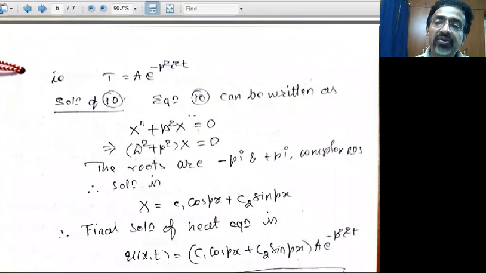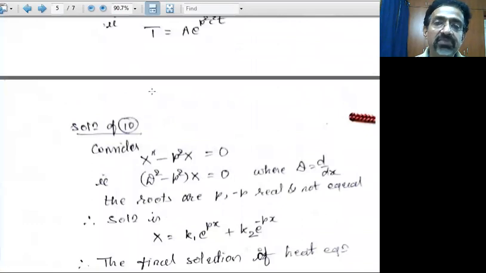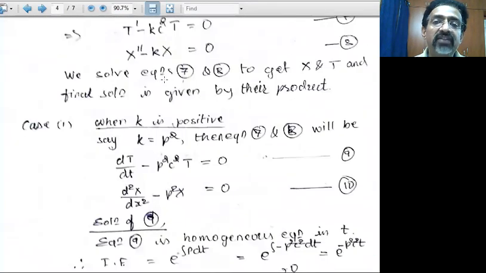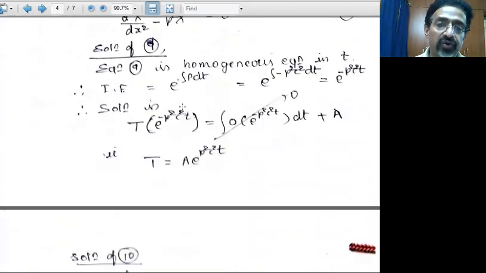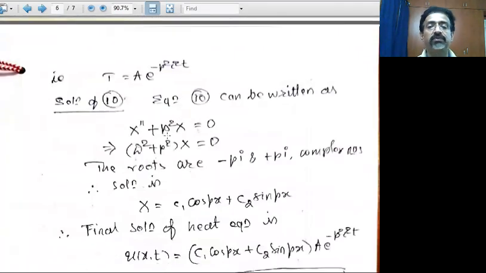Now I find out the solution for X. That is, I have to consider this equation X double dash plus p squared X is equal to 0, because the equation was X double dash minus k times X is equal to 0. Here I replace k by minus p squared. So I get the equation as X double dash plus p squared X is equal to 0.